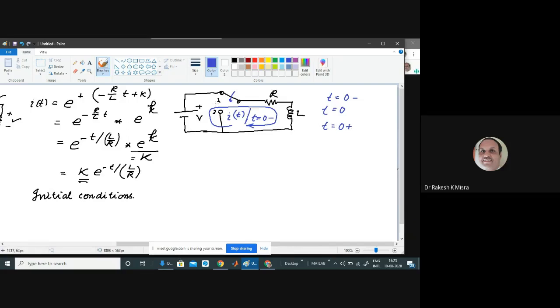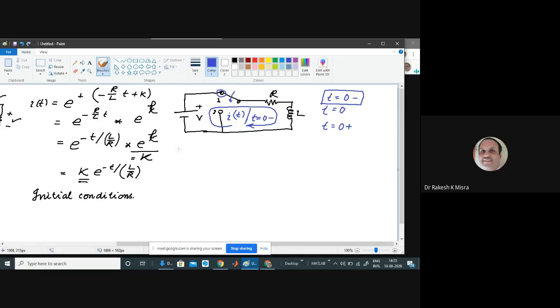So whatever was the condition just before this switch, leaving 1 and coming to 2, we will be calling that the steady state in the previous condition.